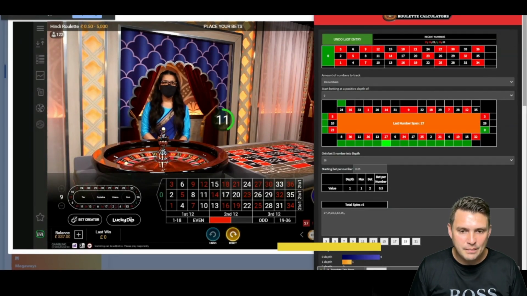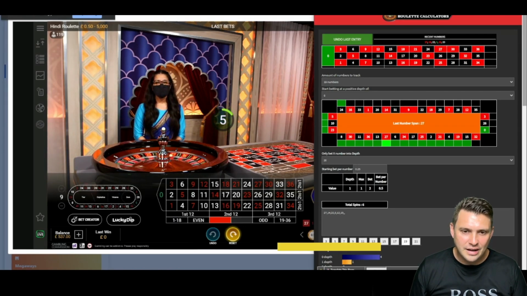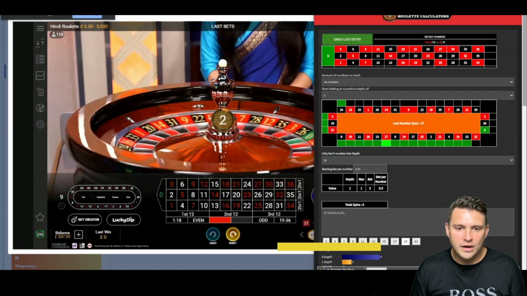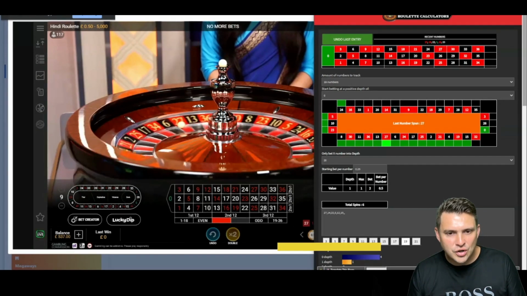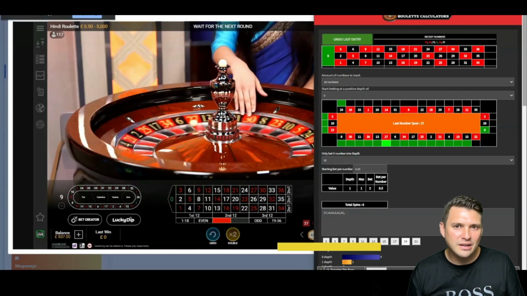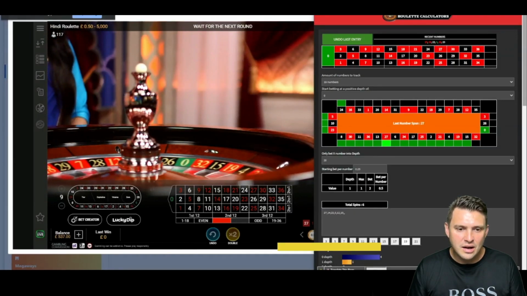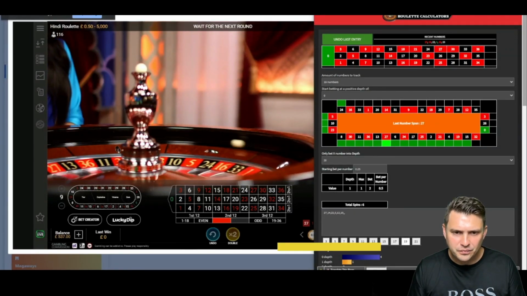Don't make any bets now. Just make sure that that is actually a dealer's signature and that was an unlucky spin, because it's the majority that we're trying to cover. So what Sam will do now is watch this result instead of placing a bet, just to double check that this dealer has got a signature before he continues playing.